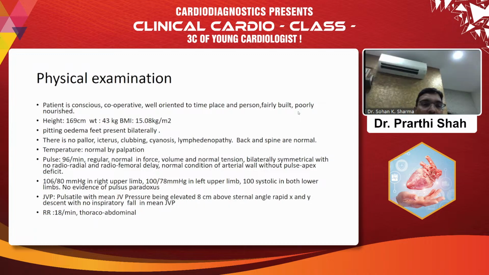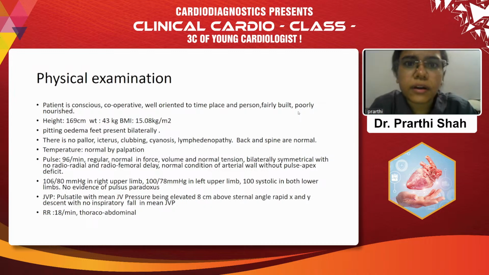How do you see the pulsus paradoxus? Yes, sir. For pulsus paradoxus, we first attach a sphygmomanometer to the patient, and we go up to the systolic pressure, and we slowly come down at the rate of 2 mmHg per second, wherein we see where we first hear the Korotkoff sound in expiration, and then when we hear it in both inspiration and expiration, that is both phases.